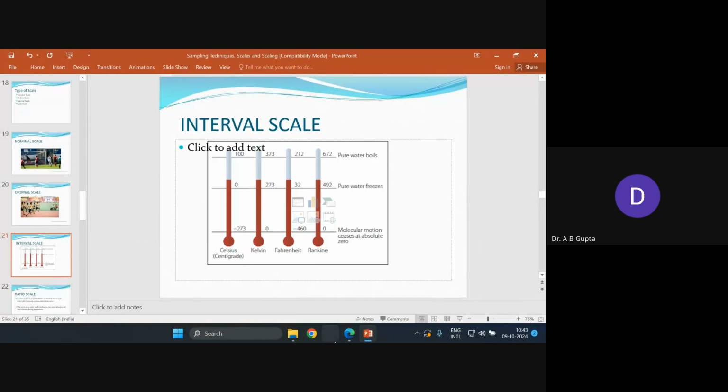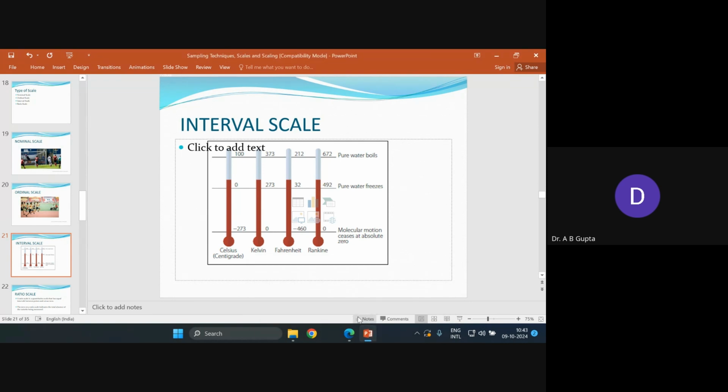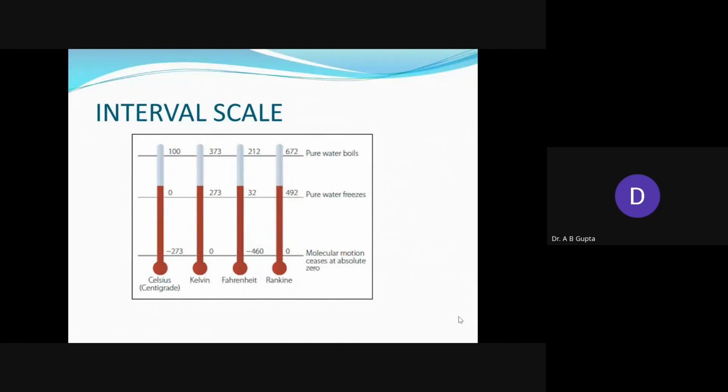Now, my friends, when you are taking this interval scale, you see the Fahrenheit temperature. We are taking some reference. For example, on the Celsius scale, I am taking 0 degrees, where water will freeze, and then there is another point, 100, where water is boiling.